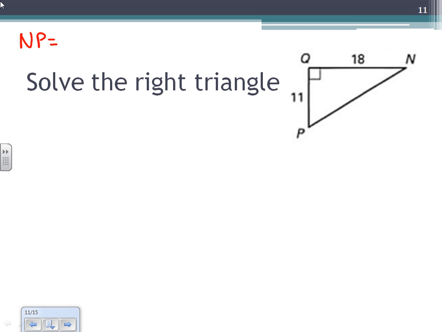What else is there in triangles? We have 3 sides and 3 angles. Which angles are missing? Angle P. And the last thing that's missing? Angle N. Okay, we need to find all 3 of these things.